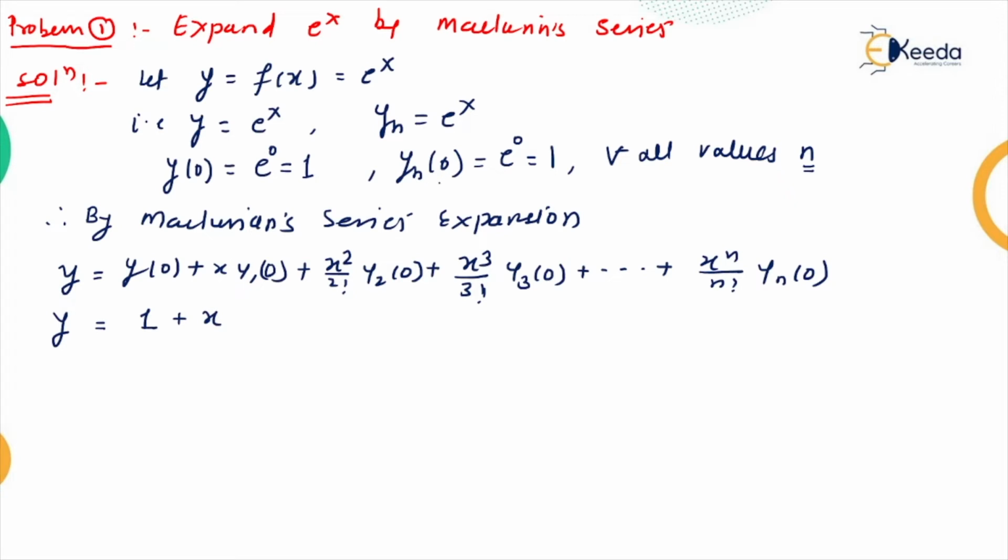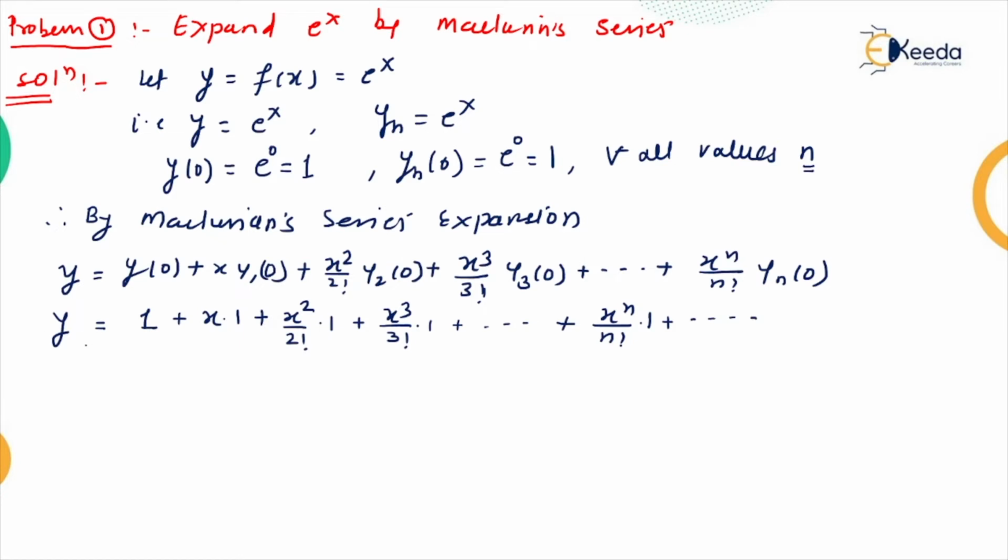If the nth derivative at 0 is e to the power 0, which is 1, then y1 is also 1, so x into 1, plus x square divided by 2 factorial into y2 of 0, again 1, plus x cube divided by 3 factorial into y3 of 0, the third derivative of e to the power x at the point 0, which is 1, and so on, plus x raised to n divided by n factorial into yn of 0, again 1, and so on.